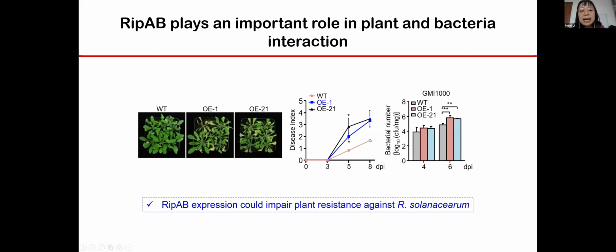So next, we checked whether RipAB influenced plant resistance to Ralstonia. We found RipAB overexpression plants show enhanced susceptibility and supported more GMI1000 growth. So this result indicated that RipAB expression could impair plant resistance to Ralstonia.